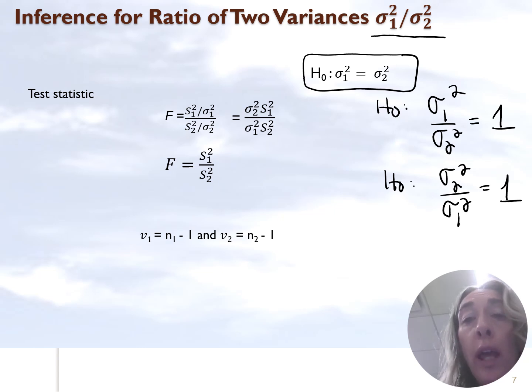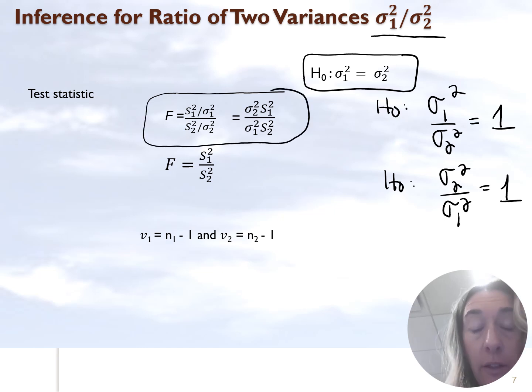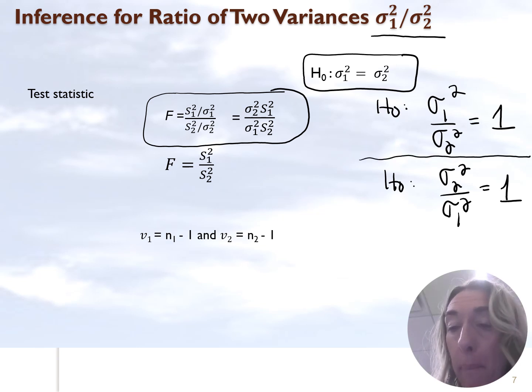In proceeding with a proof by contradiction, we are going to insert the null hypothesized information into our test statistic. We saw on the previous page that this is our test statistic distributed according to the F distribution involving our two population variances. It can be written either way, but when we substitute this information in about the ratio of the two population variances, we're going to get a cancellation.